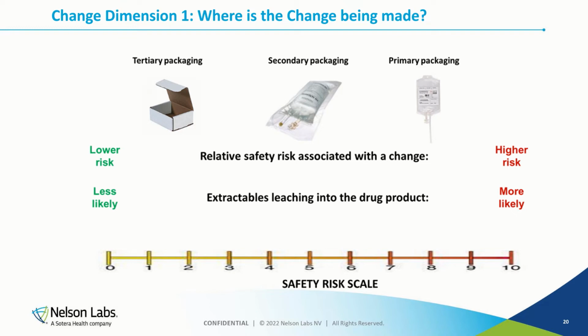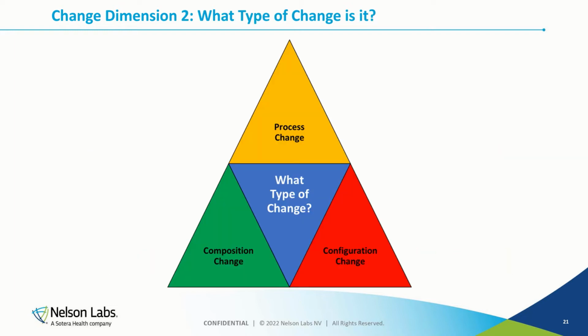Any change to the tertiary packaging, the drug product is isolated from the tertiary packaging by both the primary and the secondary packaging. That's probably a pretty good barrier. So changes to tertiary packaging are likely to be lower risk and less likely to have an effect. Okay, so that's dimension number 1.